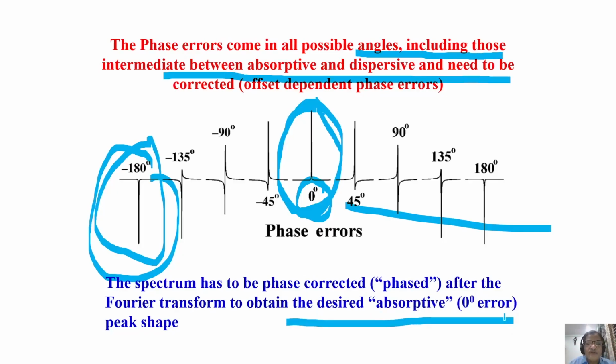We can discuss more about phase corrections and manipulation of the time domain data, how we apply window functions, everything, in the next class. Right now, I'm going to stop here. Today, of course, I started telling you about the processing. I introduced Fourier transformation. I explained what happens when there are many time domain signals overlapped. What happens if you do Fourier transformation?